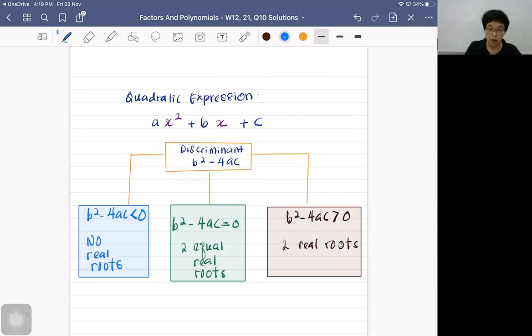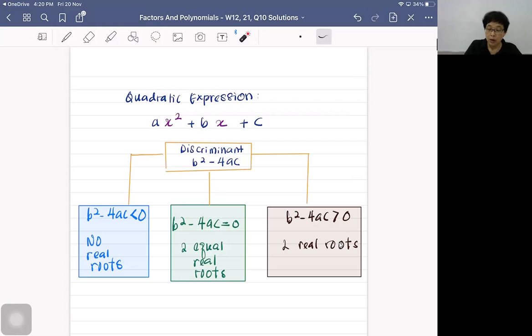Before we go on, I would like to run a quick revision about what the discriminant is. If we are given a quadratic expression, ax squared plus bx plus c, by taking its discriminant, which is b squared minus 4ac, when we get the discriminant equal to 0, we can conclude confidently that the quadratic has two equal real roots.